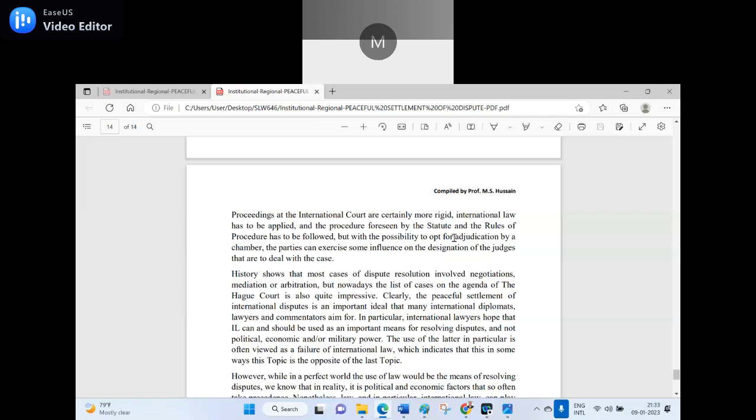Otherwise, a person winning also cries, a person who is losing also cries. But the only difference is the person who won cries at home, and the person who loses cries at the court. Only that is the difference.